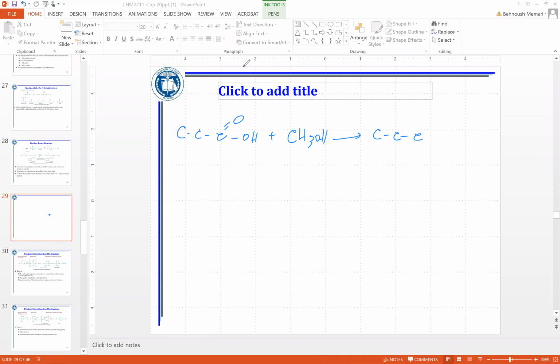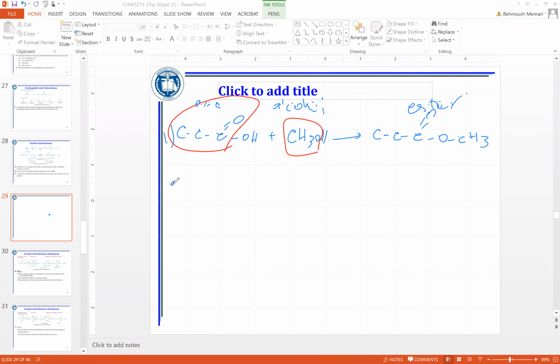See, one side of the molecule, okay, this side from the acid and this part from the alcohol. You make ester. So it's acid plus alcohol that gives you ester.